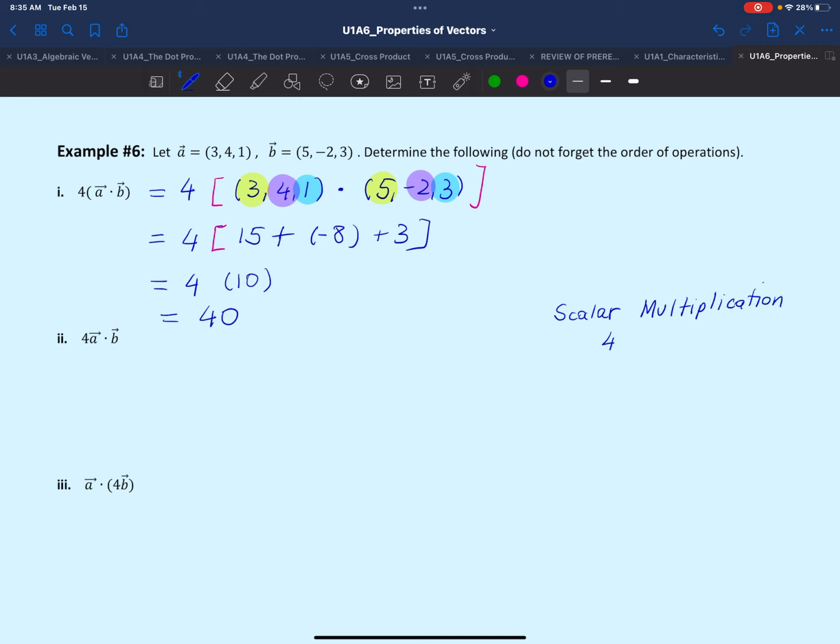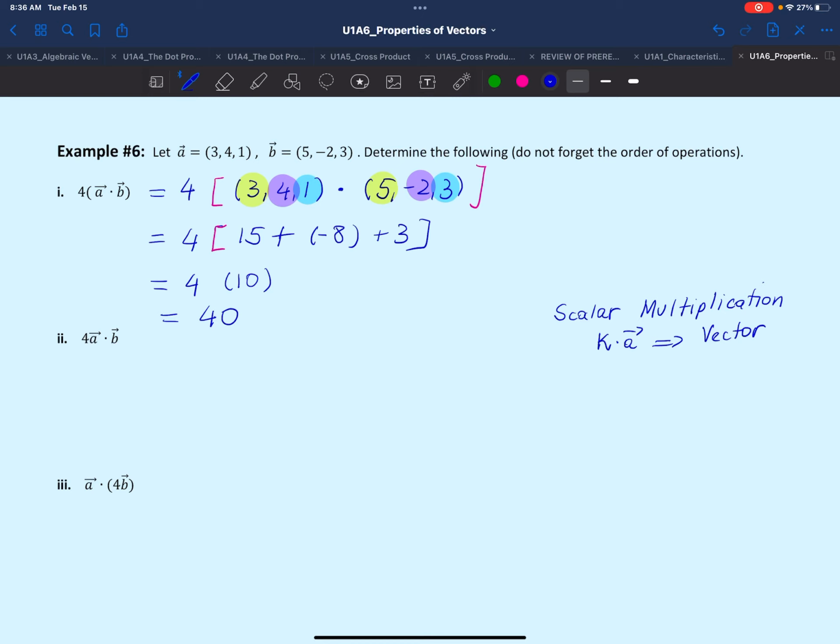For example, 4 multiplied by A, that's scalar multiplication. And the answer we get is another vector, a vector that has become longer or shorter, depending on the value of the scalar k.